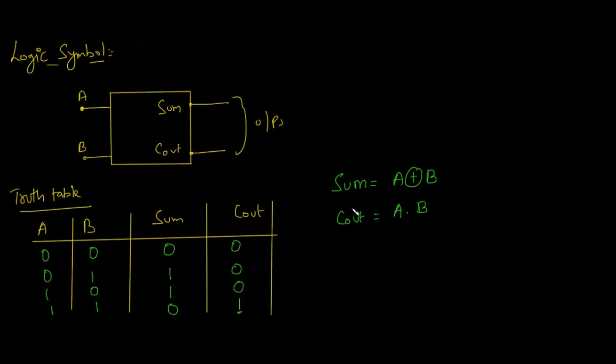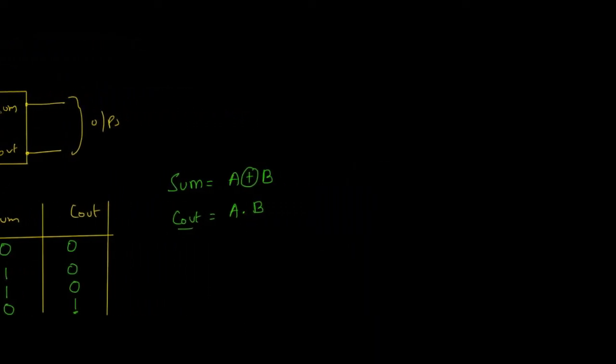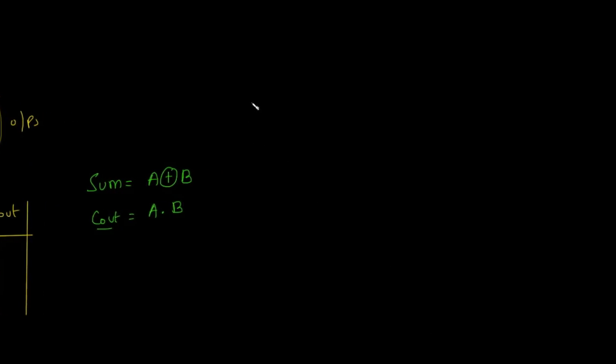So we can come to the conclusion that sum is equal to A XOR B and carry is equal to A and B. So we can use an AND gate and an XOR gate to realize the half adder. So we can draw the logic circuit of the half adder, and it goes like this.